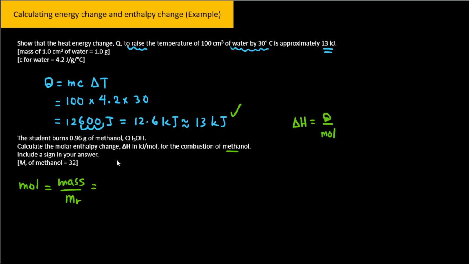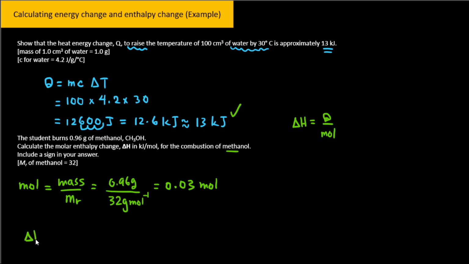Your mass is how much? 0.96 grams divided by your molar mass, which is already given in your question, 32 grams per mole. If you use your calculator, you'll get 0.03 mole. So we're going to substitute in this equation.